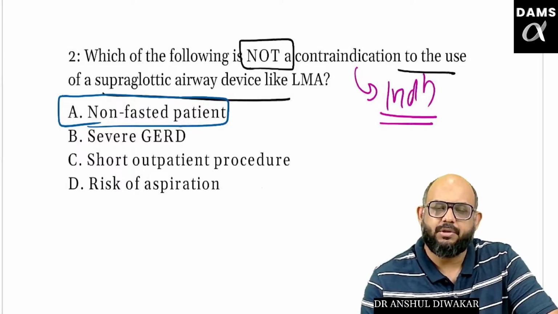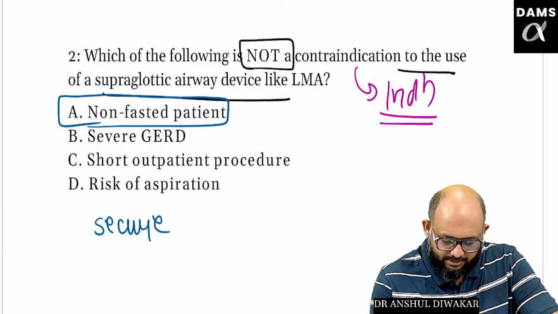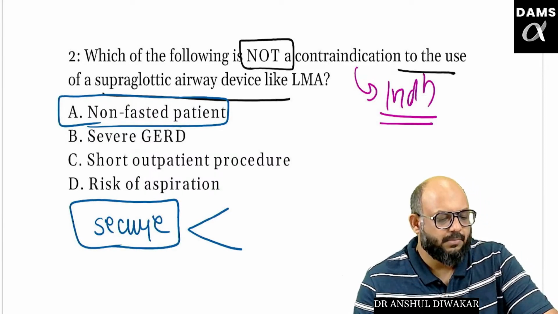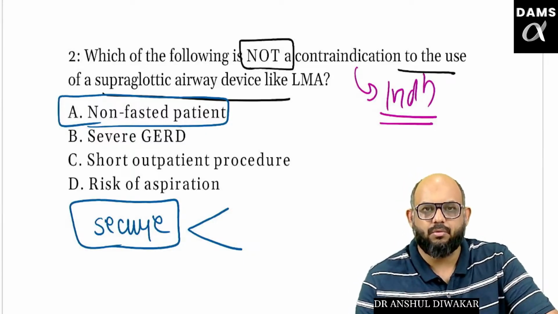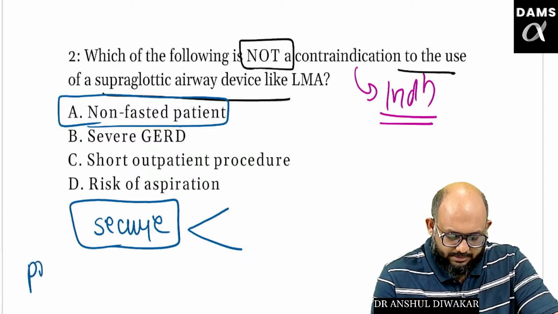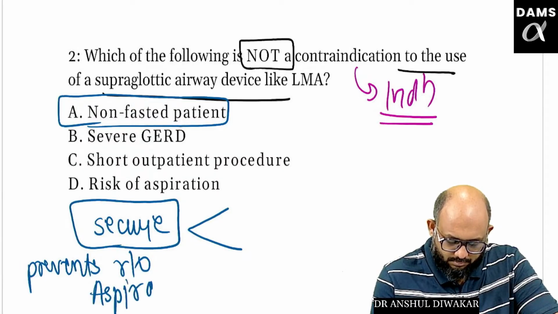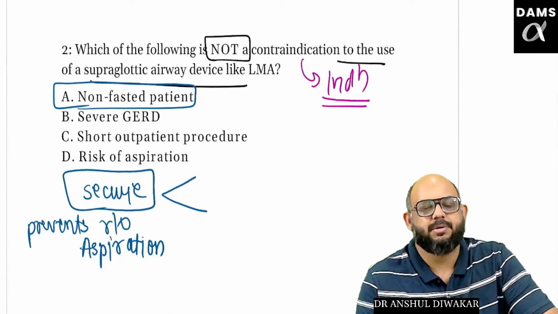The one thing that we know is, which airway devices are considered to be secure airway devices? Secure means one that prevents the risk of aspiration.